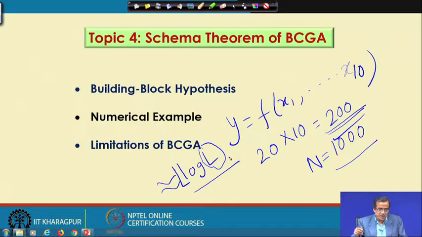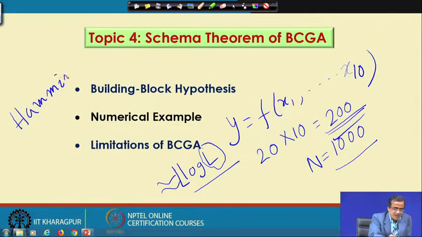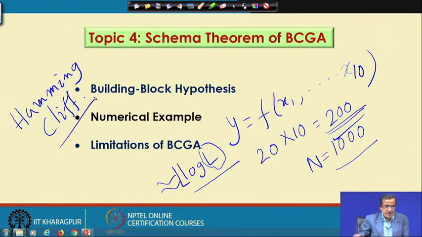So, this is one of the drawbacks of the binary coded GA, and another very important drawback is the Hamming cliff problem. This Hamming cliff problem is a very difficult problem faced by the binary coded GA, because in binary codes, from one number, if I want to move to the next number or the previous number, the number of changes I will have to make in the values of the bits is not the same.